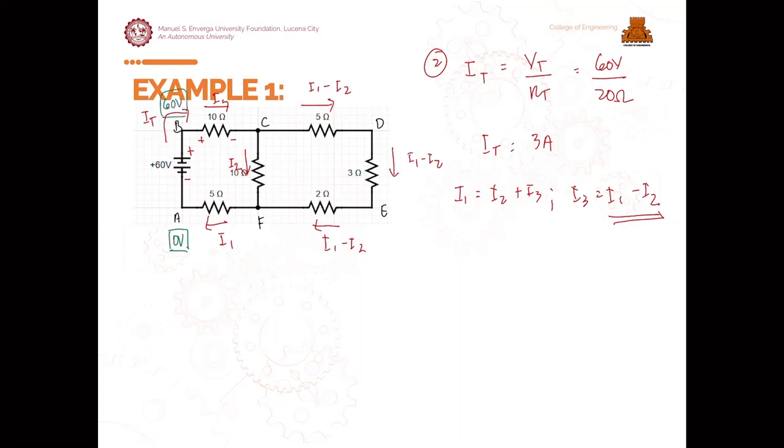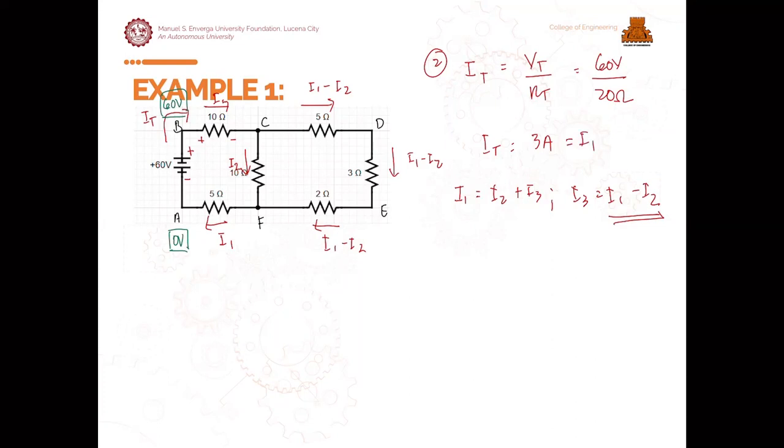Then next is going to C. What passes through I1 is also IT, so I1 also equals 3 amperes.